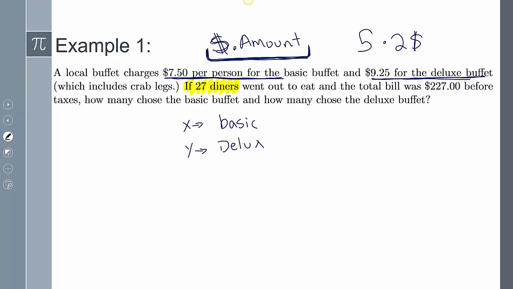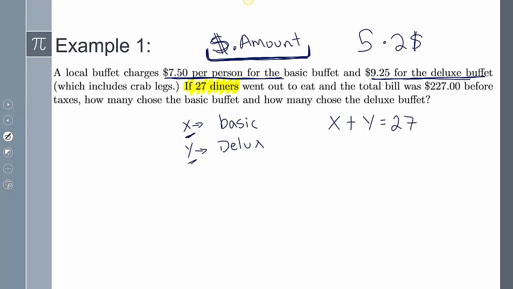We have 27 diners. Those 27 diners bought either a basic or a deluxe buffet package. So if X is the number of basic and Y is the number of deluxe, if I add the number of basic plus the number of deluxe, that's going to total 27 meals that were purchased.